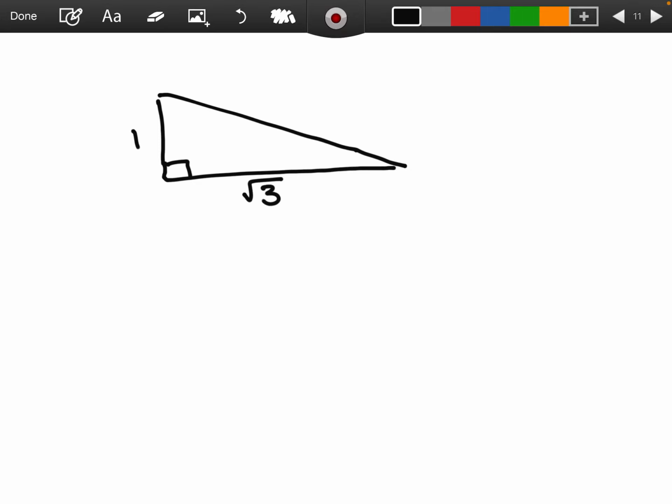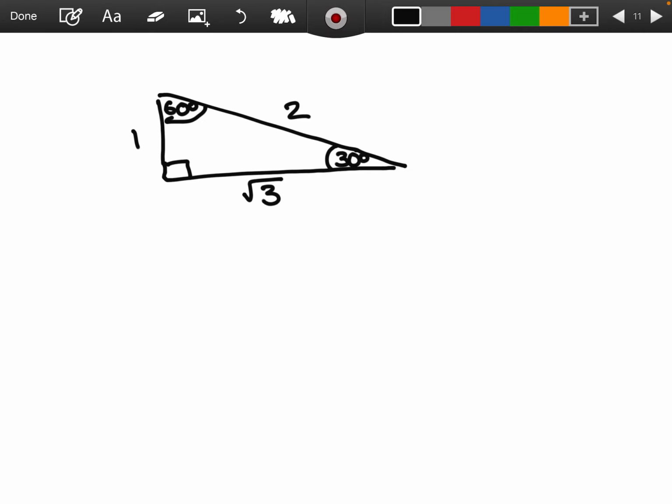The other triangle that you need to be aware of is the 30, 60, 90 triangle, which looks something like this. We've got the right angle there, and that's the length of the sides, and this angle here is 60 degrees, and this angle here is 30 degrees.